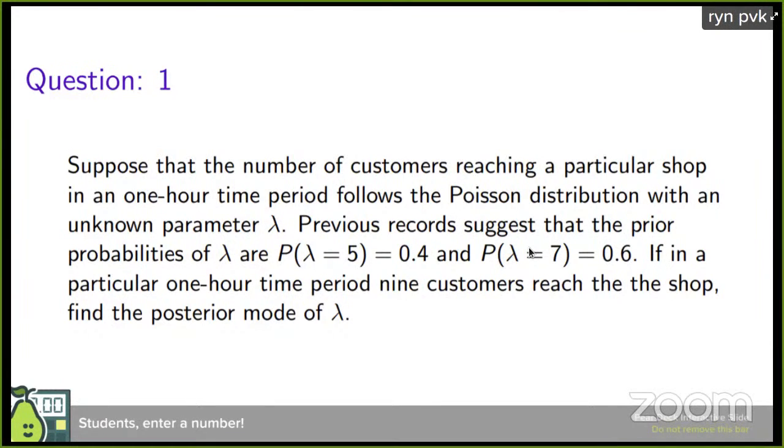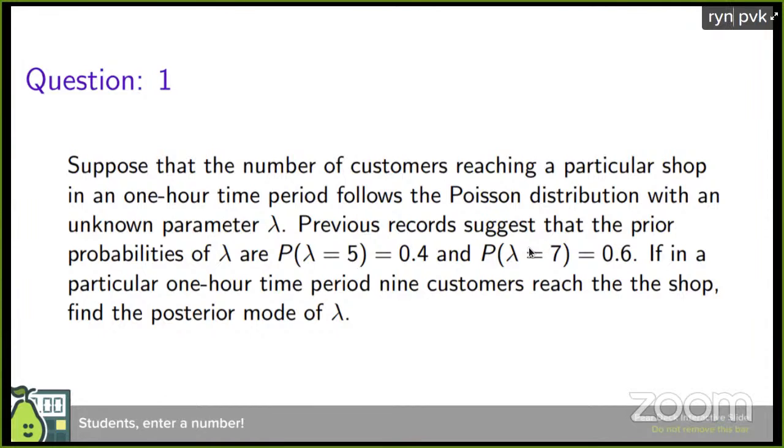So we know the prior probabilities for lambda from the previous records. If in a particular 1 hour time period 9 customers reach the shop, find the posterior mode of lambda.